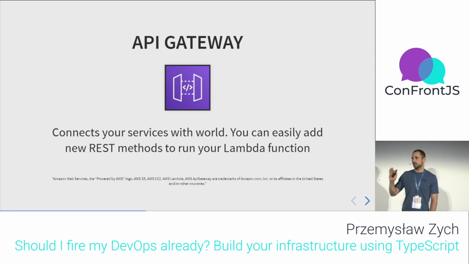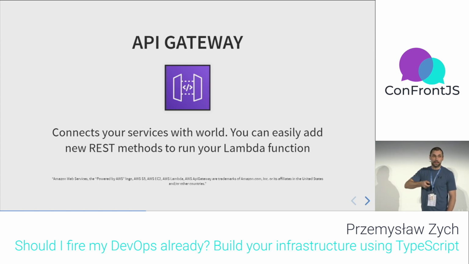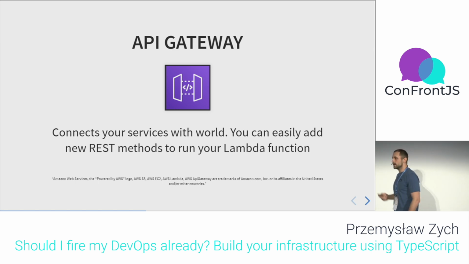It can be easily scaled to literally any scale. You can use it for a couple of requests a month, but you can also do a couple of hundreds or thousands a second, and it will work because it's AWS. The same is with Lambda. Lambda is also scaling very well.